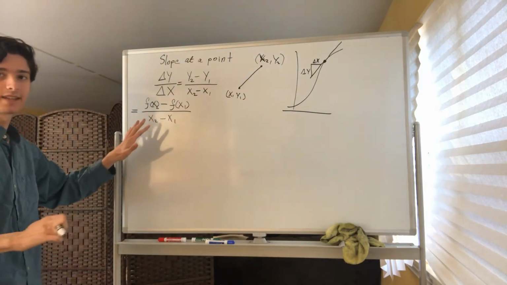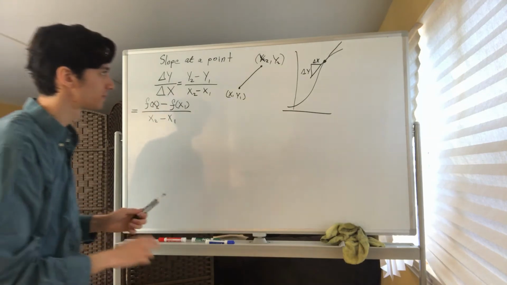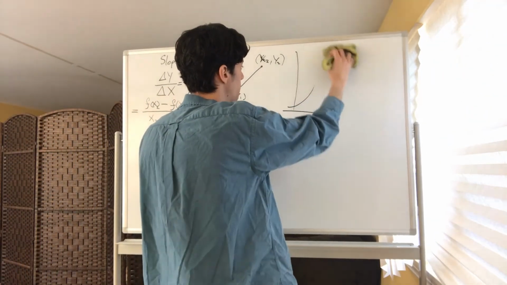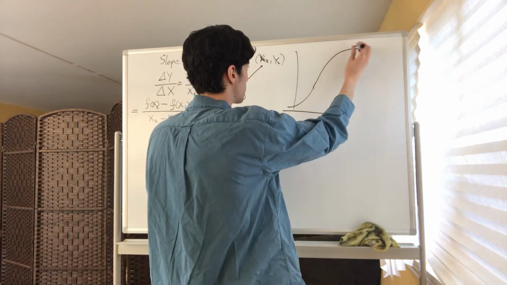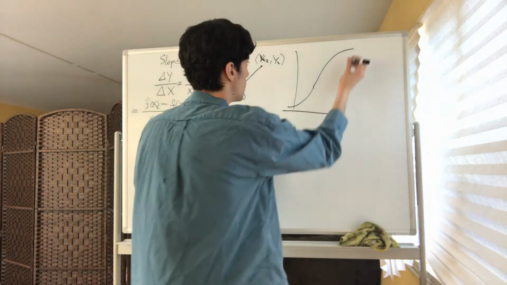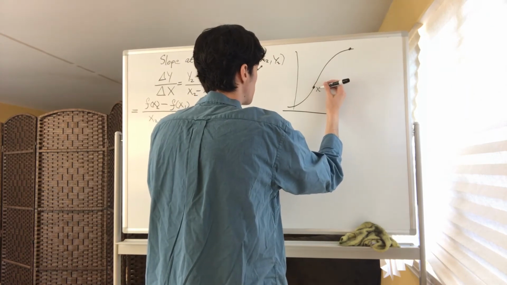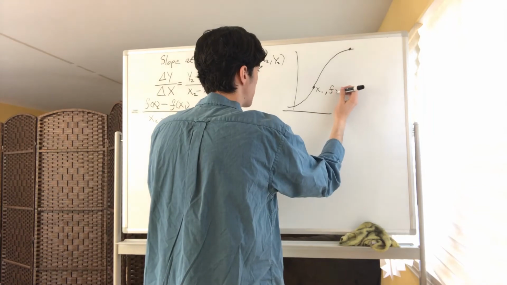So let's give a summary of what we have right now. Let's say we have a function, and our function is a function of x. I'll keep this example for now. We have 2 points. We have x1, and the y-coordinate is f of x1.